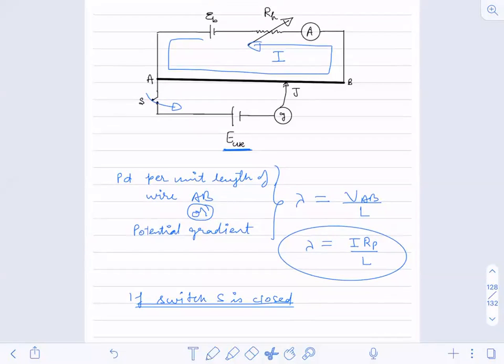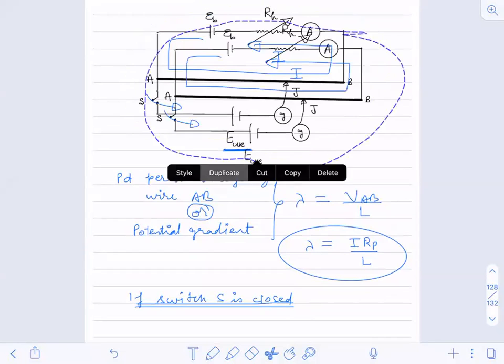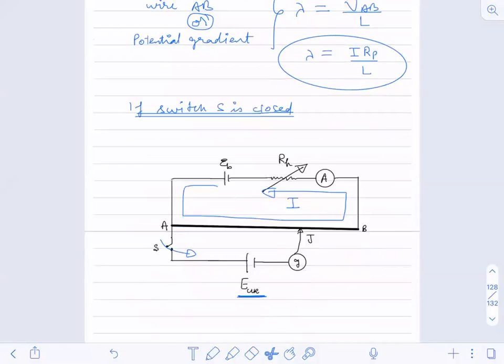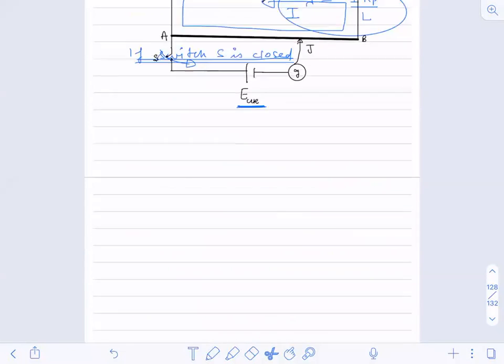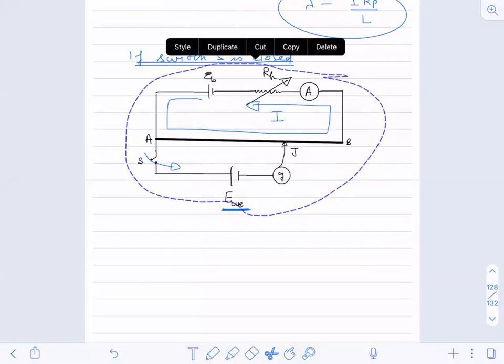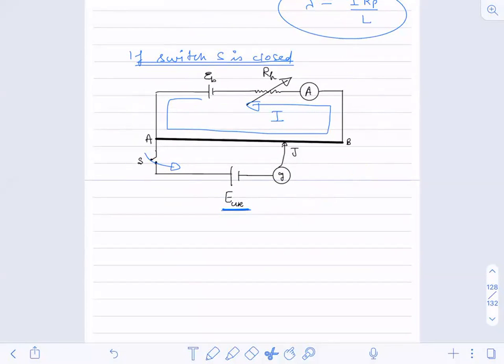Now the current will flow in that circuit also. Yes or no? Yes. So if the current is flowing into that circuit, just see what will happen.